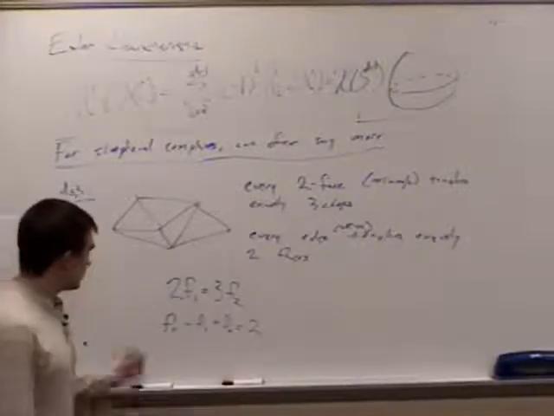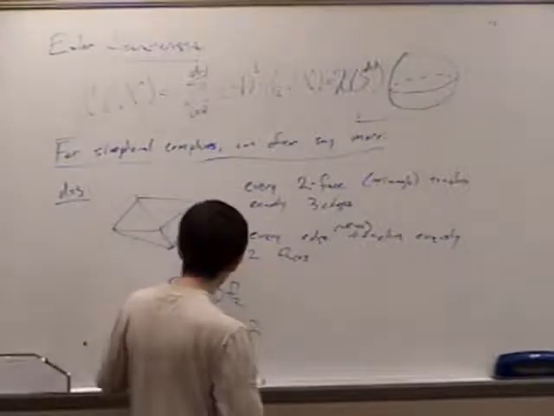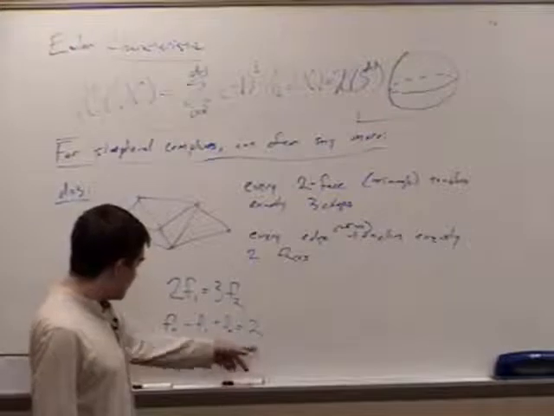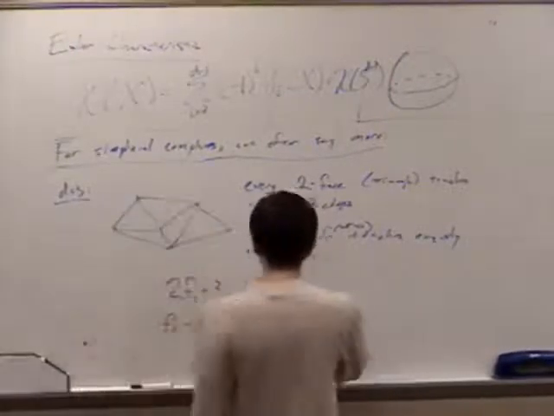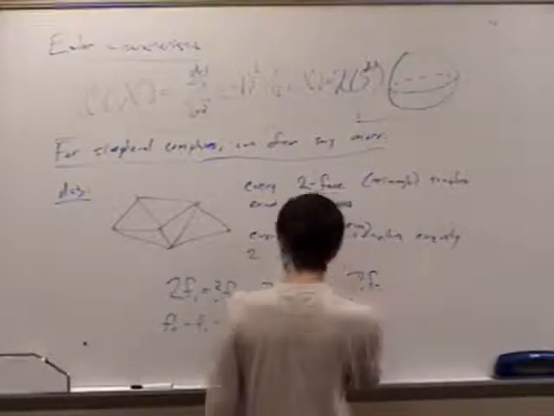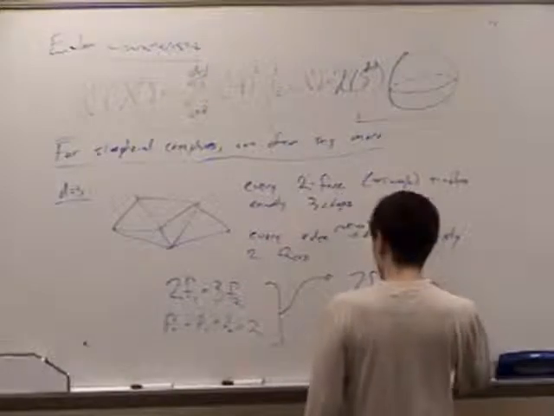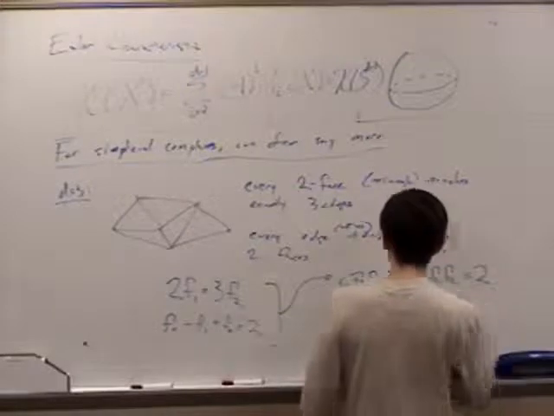So how do we solve for this? Well, we can just multiply through by 2 here. So if we do this, we get 2f0 minus 2f1 plus 2f2 equals 2. Substitute this in. So these 2 constraints imply that if we have 2f0 minus 3f2 plus 2f2, this is equal to 2.